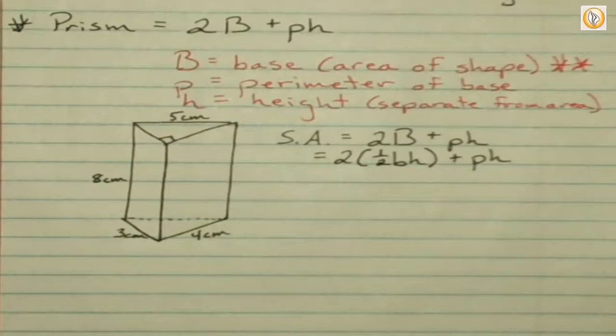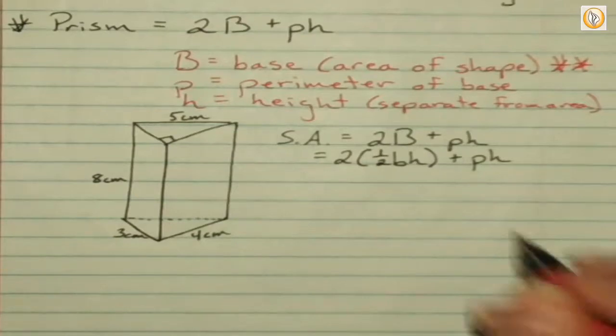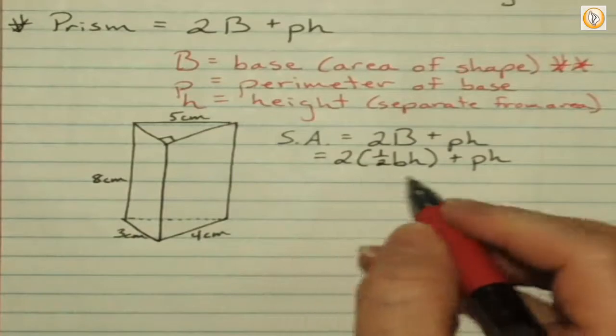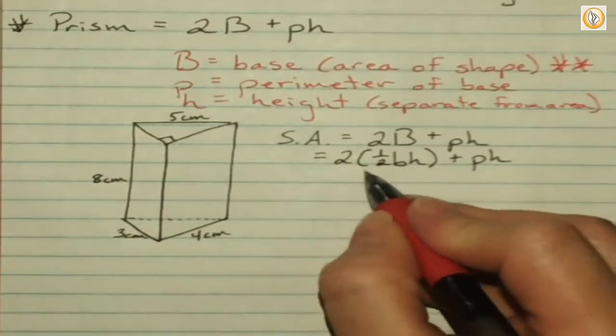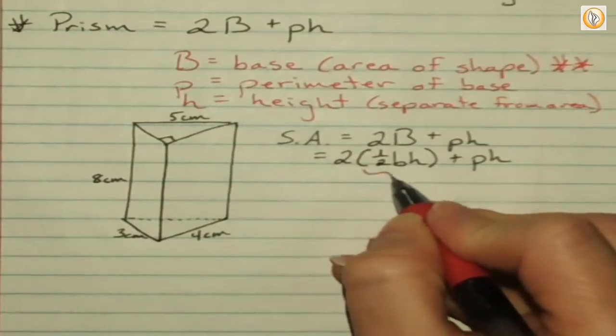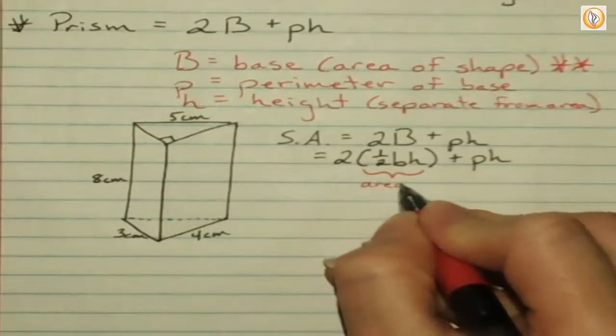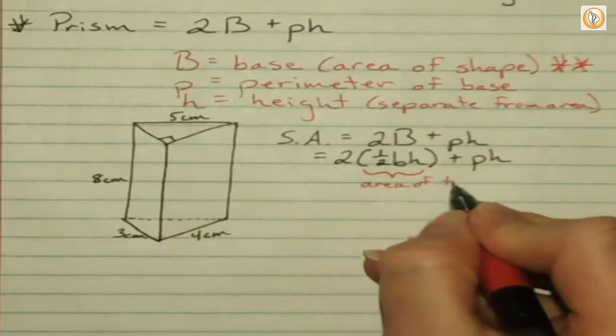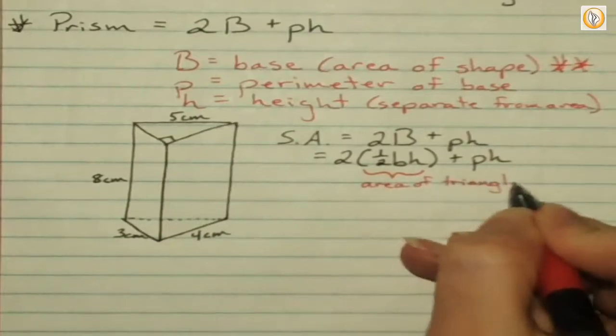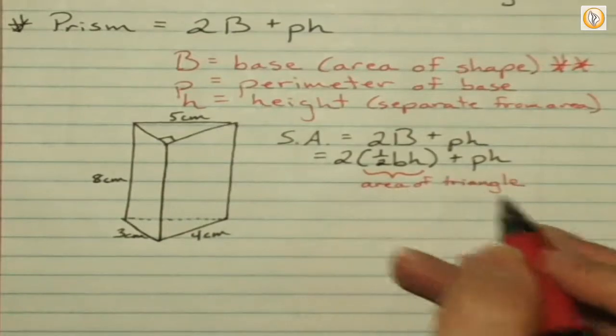If you're doing a triangle and it's 2 times 1/2, you just use the 2. Okay, we're going to do it like this. So keep in mind, this right here is the area of the triangle.